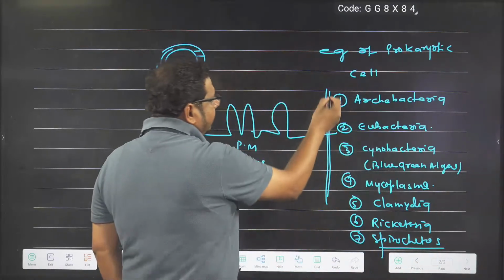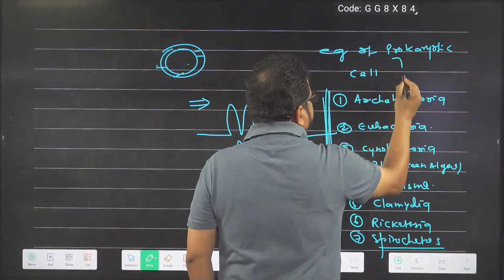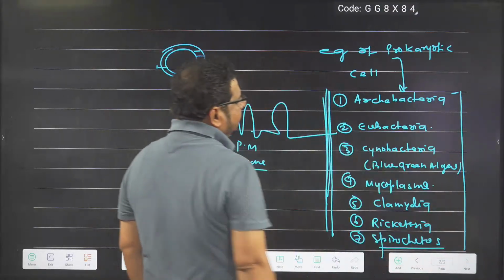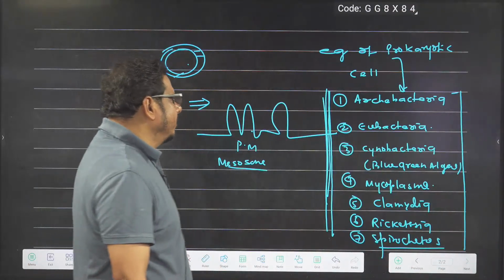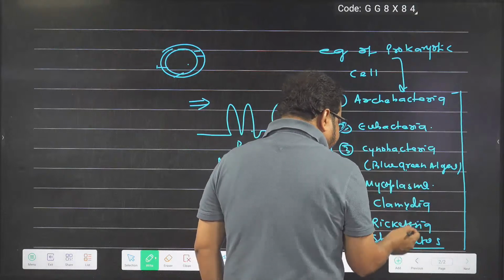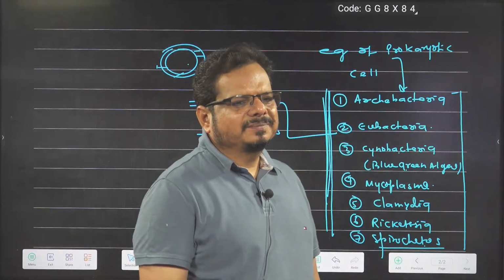These are all examples of which cell? Prokaryotic cell. Now you are rich in examples of prokaryotic cells: Archaebacteria, Eubacteria, Cyanobacteria, that is also called blue-green algae, Mycoplasma, Chlamydia, Rickettsia, Spirochetes, all are prokaryotic cells. Got the idea?